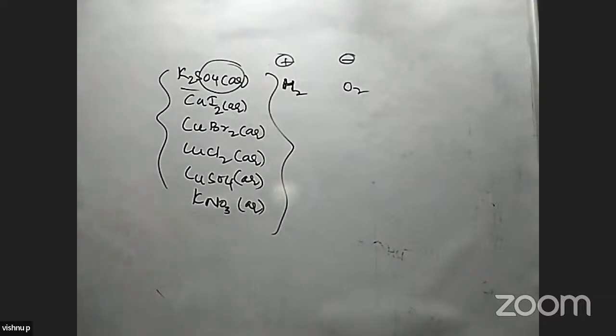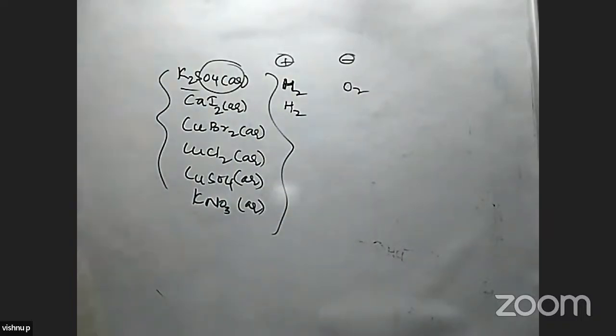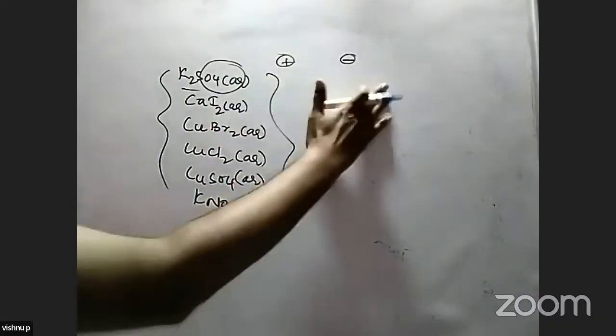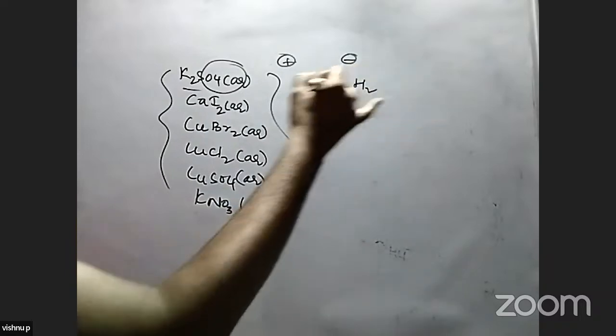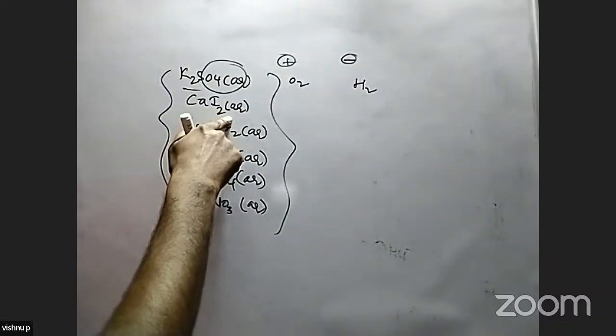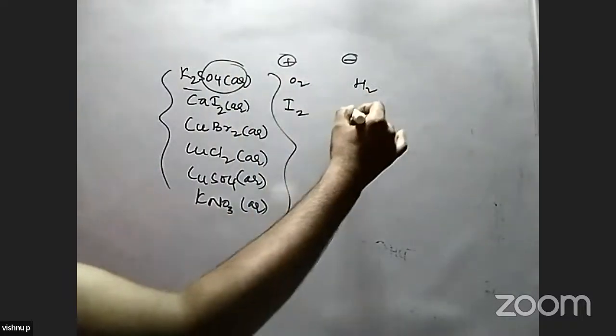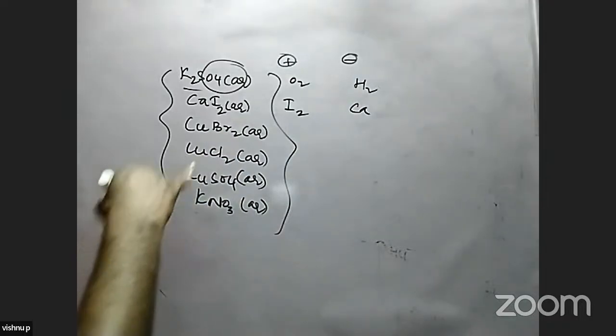We take calcium iodide aqueous solution. Again, calcium is a second A group element, so hydrogen is evolved at cathode. If we use iodide, iodine is evolved at anode.